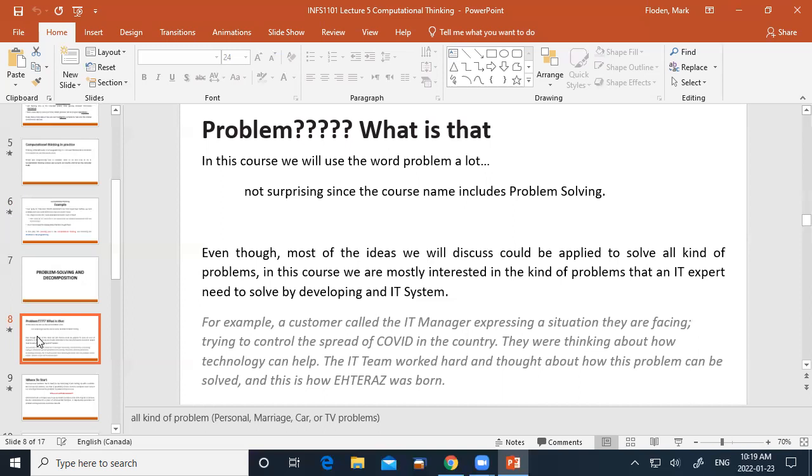So here's a problem. People are getting this disease. It's called COVID-19. And the problem with that disease is people couldn't breathe because the disease was infecting their lungs. And so that's bad because you have to take them into the hospital and put them in ICU and put them on a ventilator.